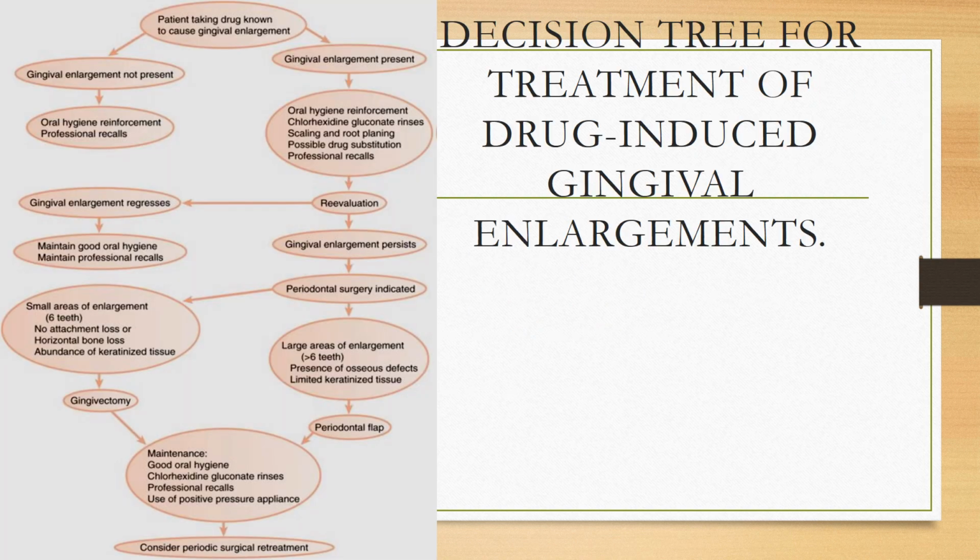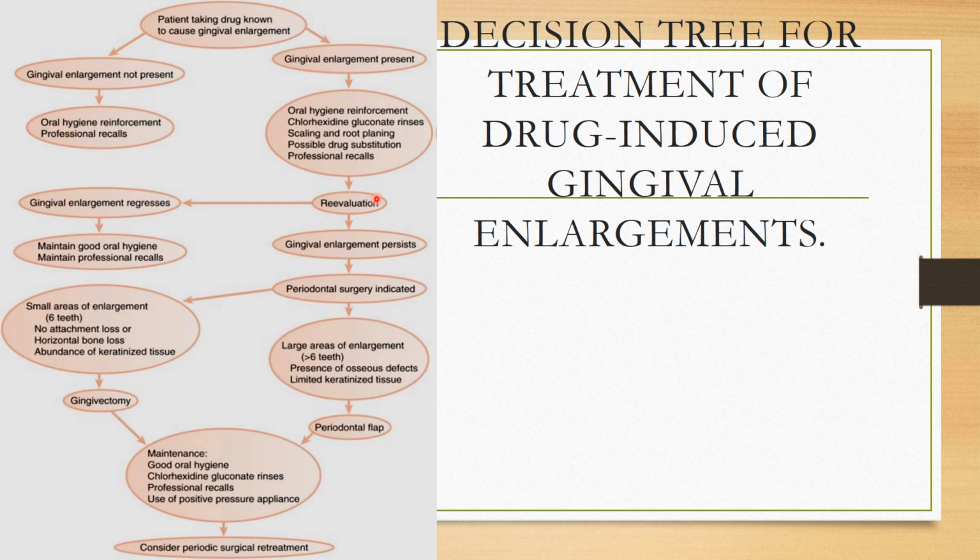So this is the decision tree for drug-induced gingival enlargements. You can see whether there is gingival enlargement. If it is not present, then you can just go for oral hygiene instruction and the maintenance phase. If it is present, all phase 1 therapy will be done and reevaluation will be done.